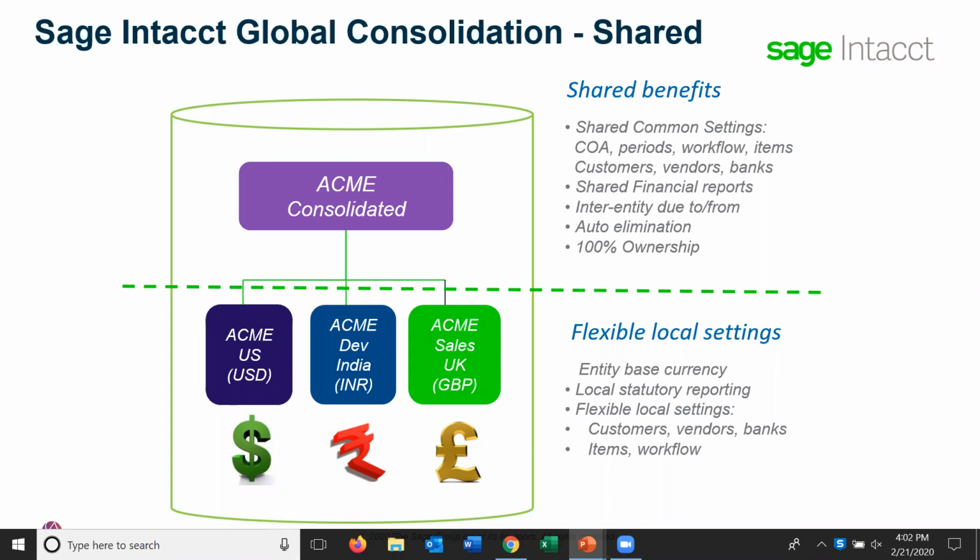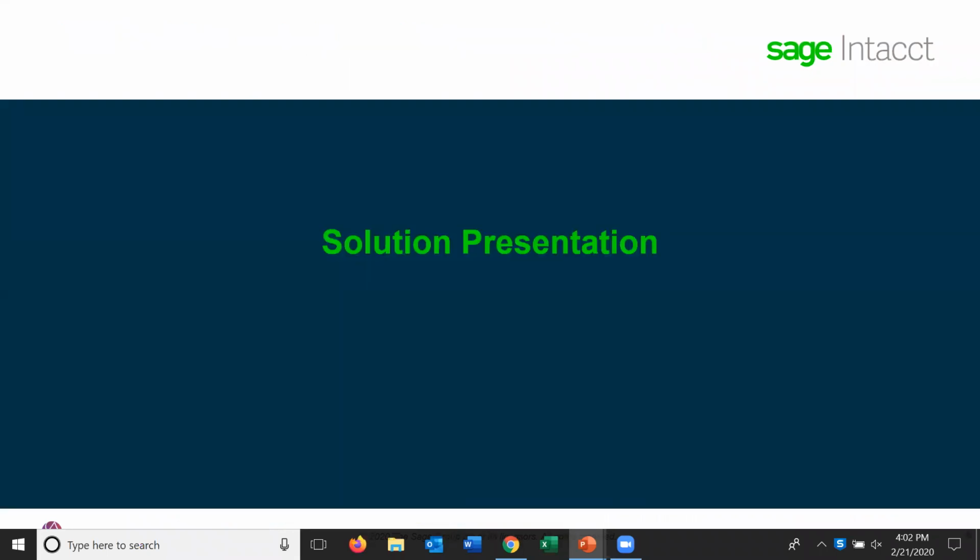There will be some flexible local settings as well. So that kind of gives you that picture of unlimited entities being consolidated up. And you're going to see in just a moment when we go into setting up the book how you can control and identify which entities you want to consolidate.